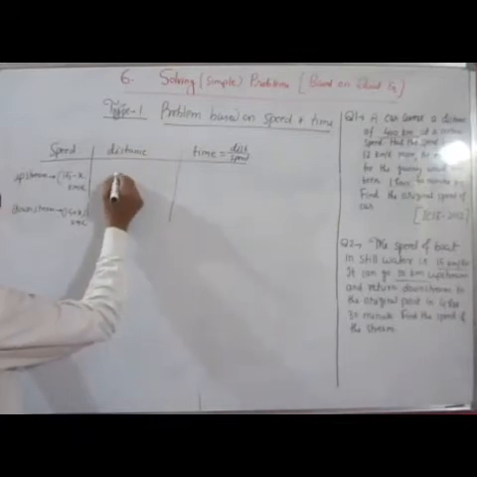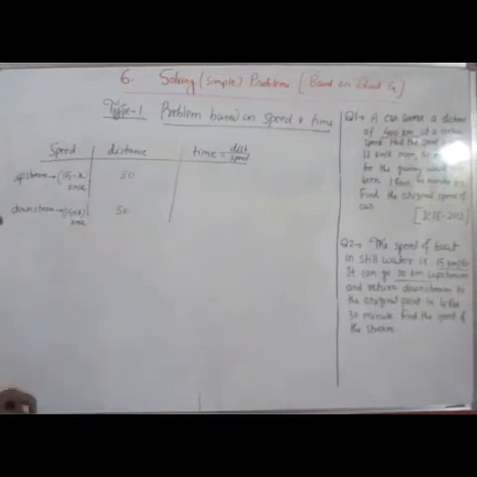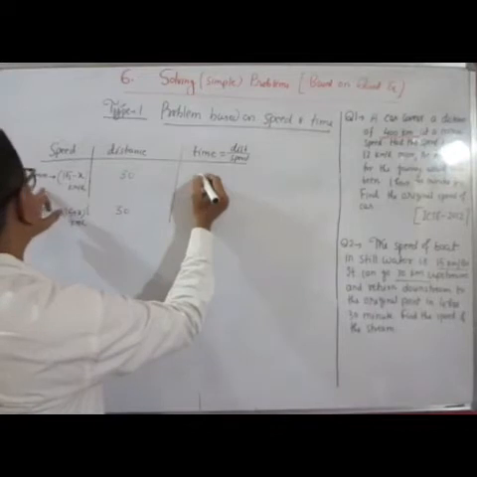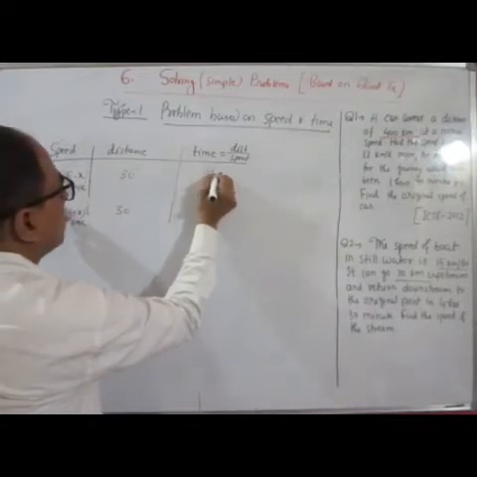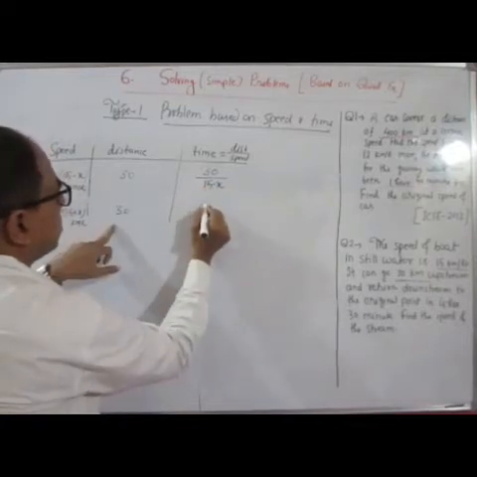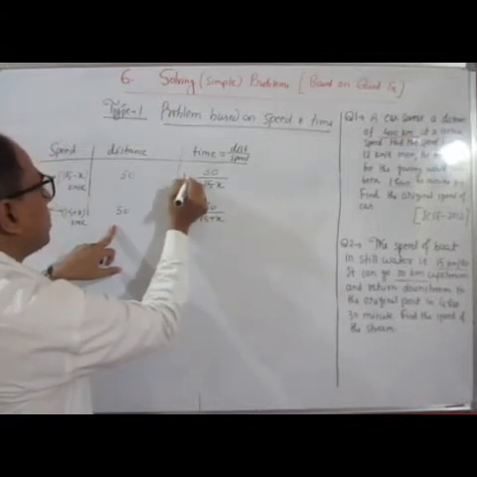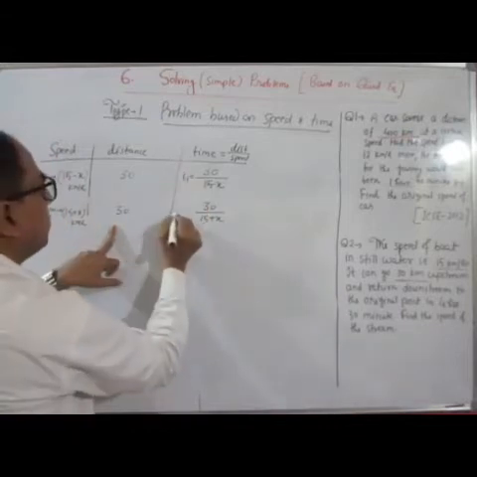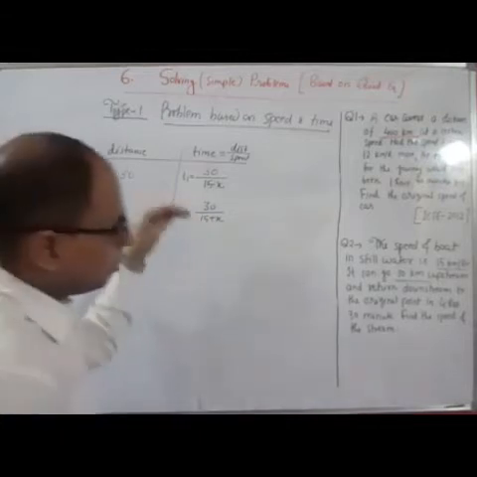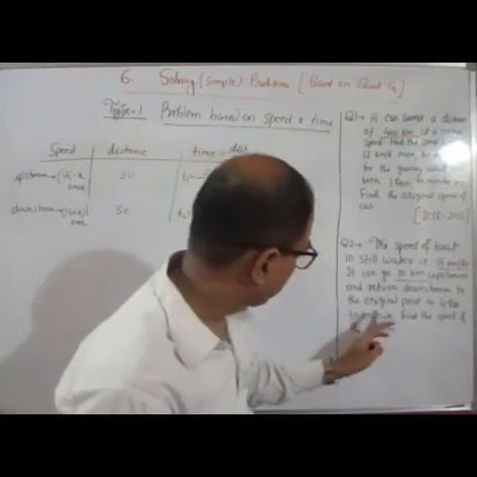So what is the time taken? In upstream, it will be distance by speed, 30 by 15 minus x. And here it is 30 by 15 plus x. So this is the time taken in upstream and this is the time taken in downstream. Now what is the total time taken? Here the sum of these times is given. Here it is written.